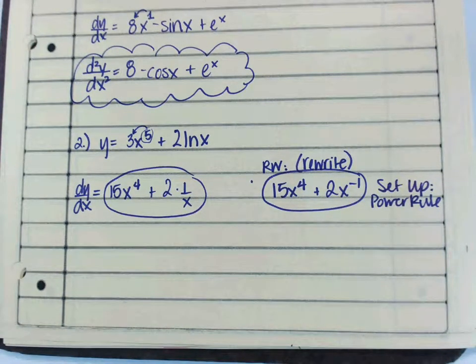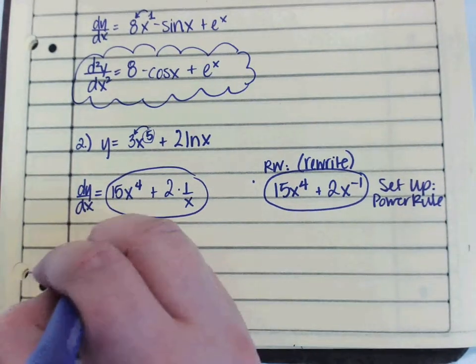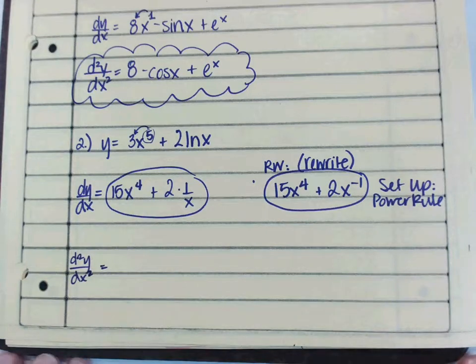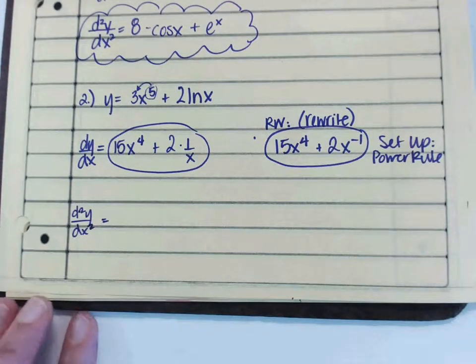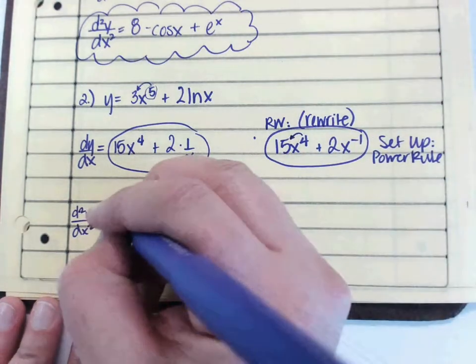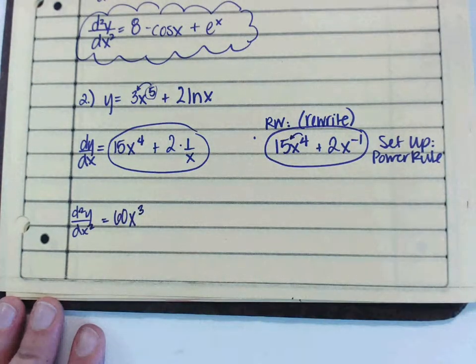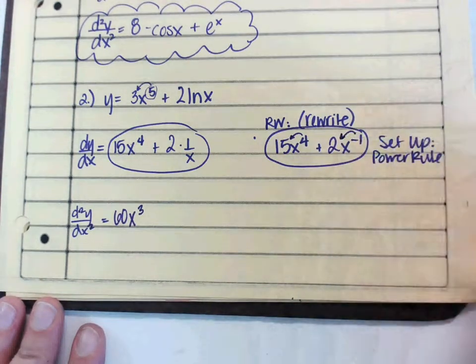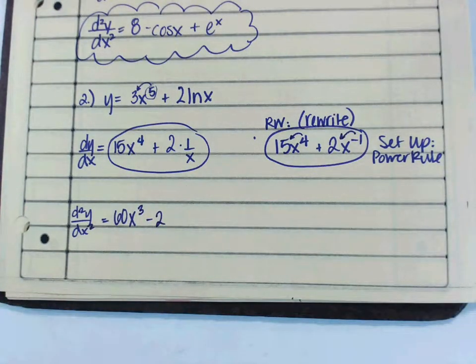Okay? So now that I'm ready to take the second derivative, d squared y dx squared. What's the derivative of 15x to the 4? 60x to the what? Third. Okay, then my next term, I do negative 1 multiplied by 2, I get minus 2. And then when I take away 1 more, it was already a negative 1.